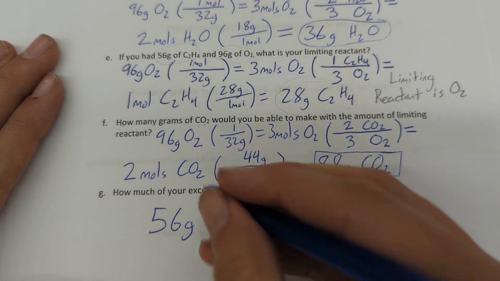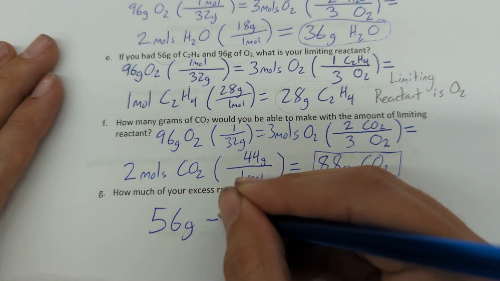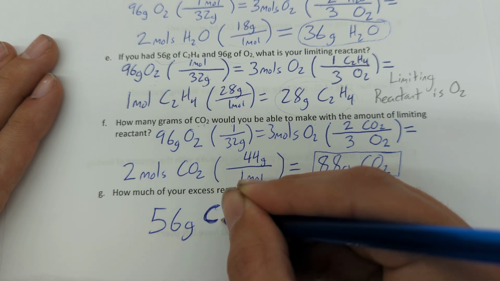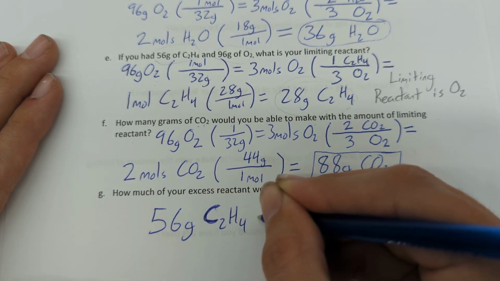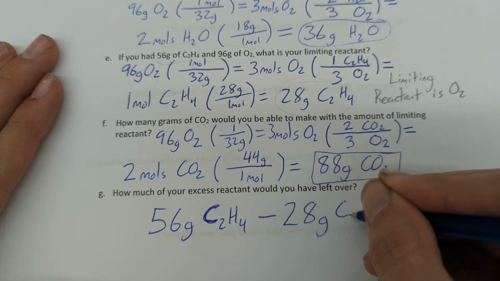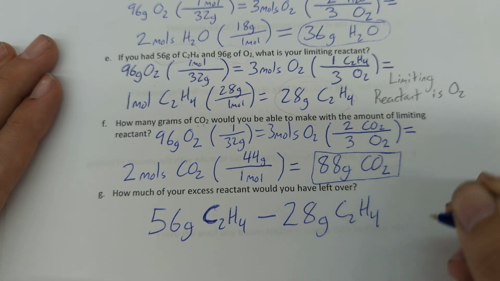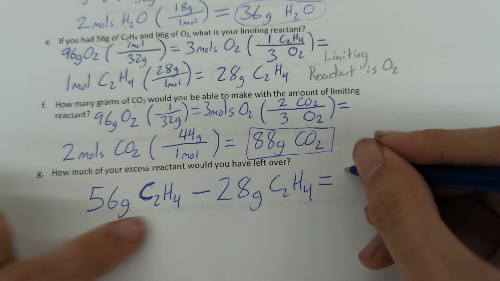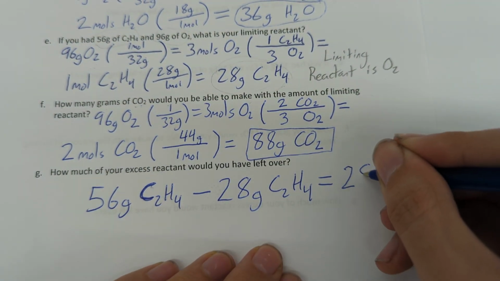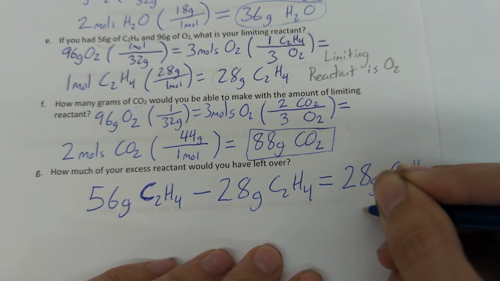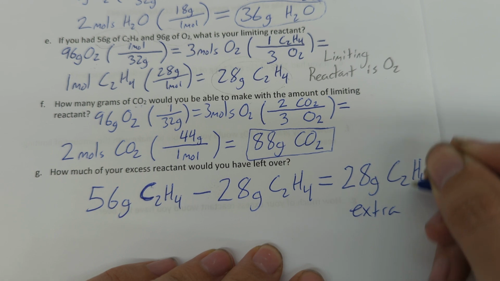So if we started with 56 grams of C2H4, and we used 28 grams of C2H4, we will have 56 minus 28 is 28 grams C2H4 extra.